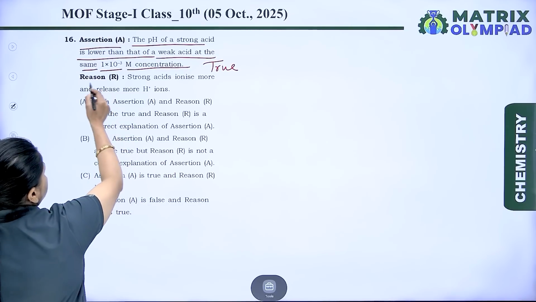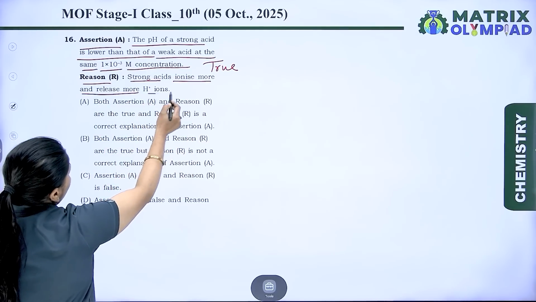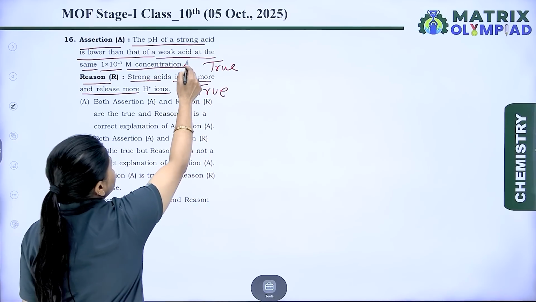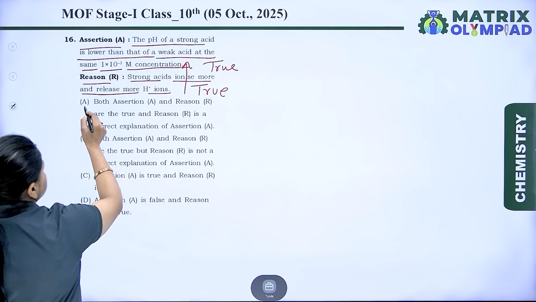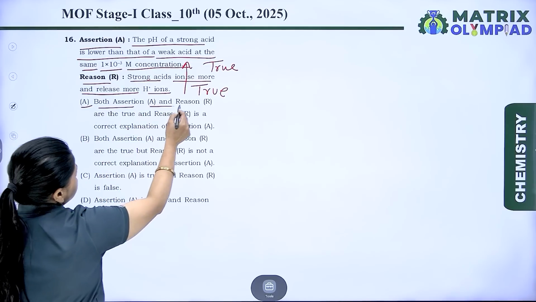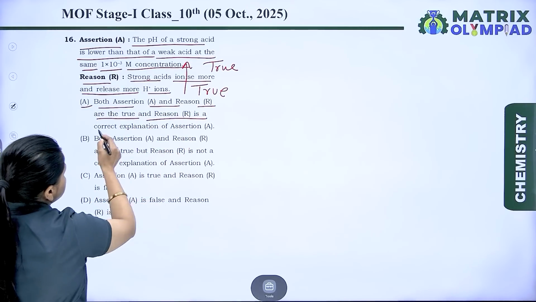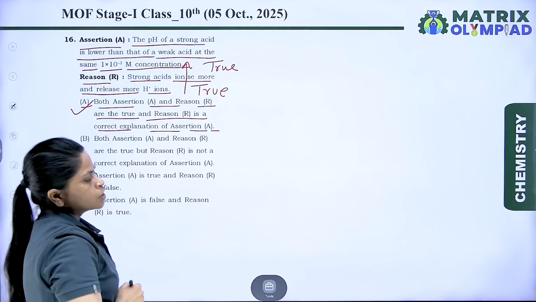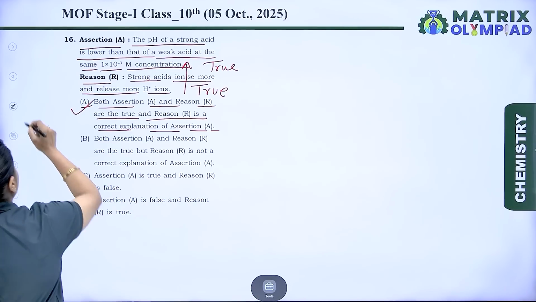Now the reason: strong acids ionize more and release more H+ ions, which is also true and correctly explains the statement. So the answer is A: both assertion A and reason R are true, and reason R is a correct explanation of assertion A. Yes, this is the correct answer for the assertion-reason type question.